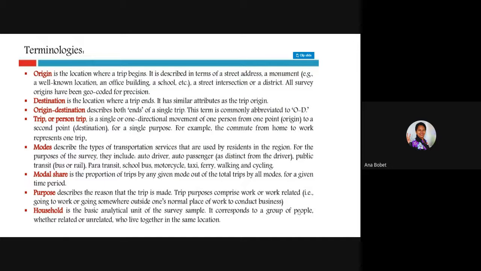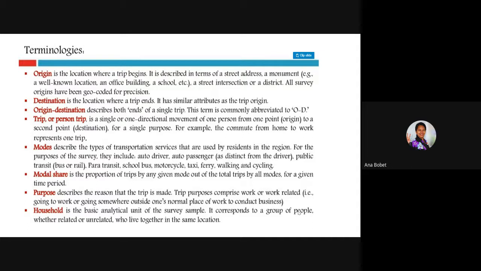Because sometimes a person moves from point to point. If I'm the only person traveling, how many times do I travel in a day? For example, let's take into consideration a father: from home to work, then from work back home. Maybe that's the cycle of a parent.